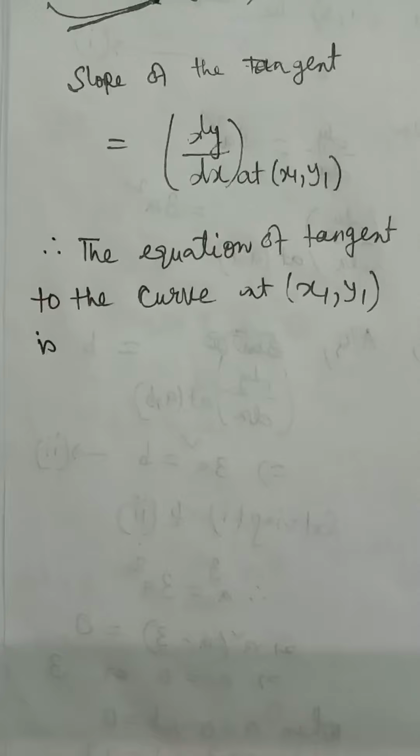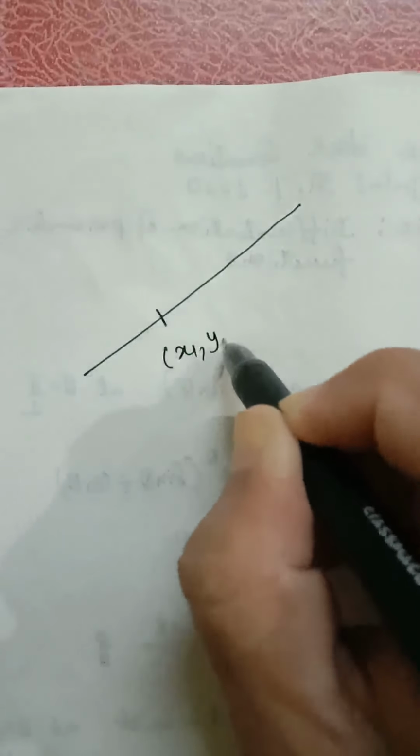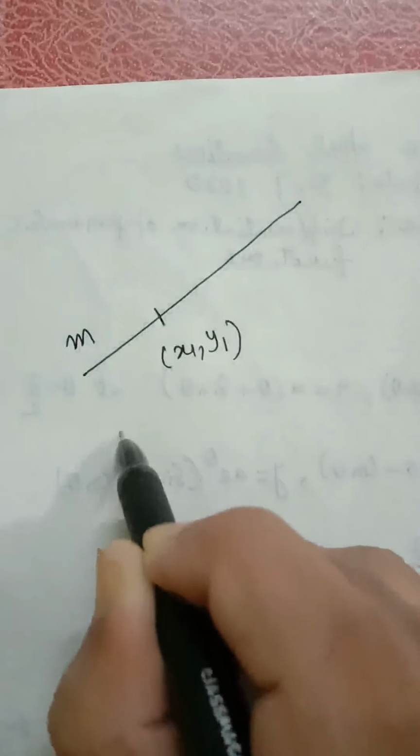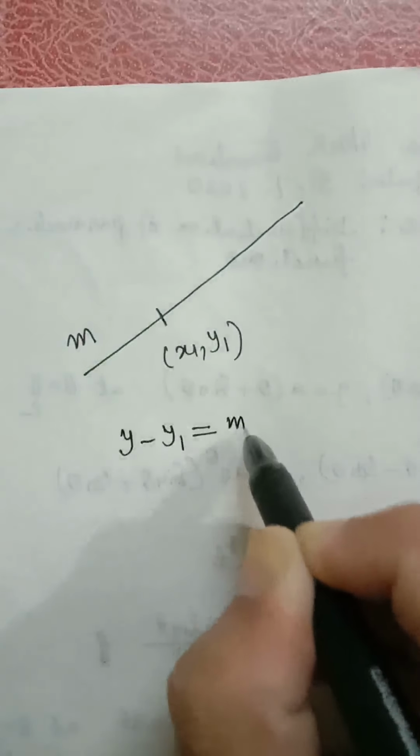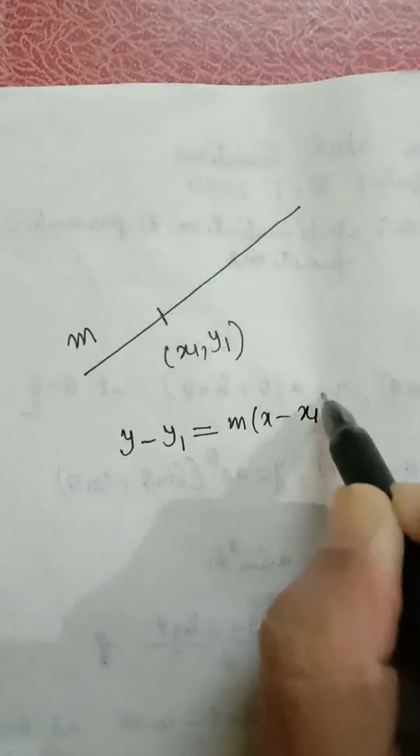applying the one point formula. Now I want to write the one point formula here. In the last class I explained what is the one point formula. I am writing again. Suppose a line passes through (x1, y1) and suppose its slope is m, then the equation of the line will be y minus y1 equal to m into (x minus x1).